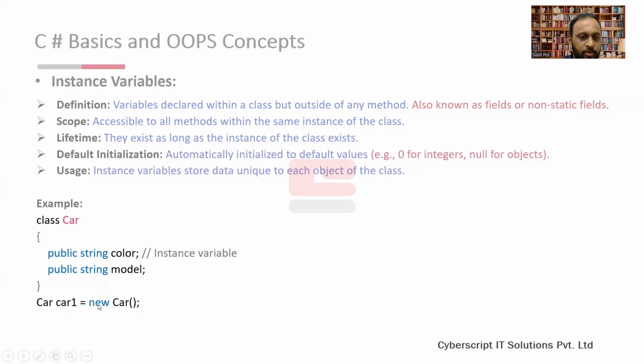So here with the help of the new operator, we are creating the object car1. And if you want to use those attributes, you just have to write car1.color = red. So here car1.color has the value red, and model is sedan.